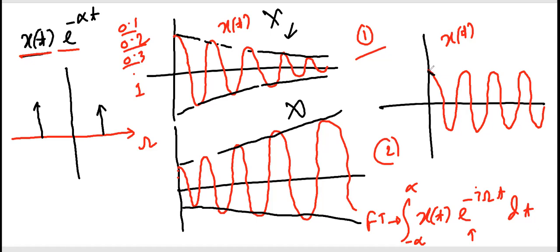So it will give some decaying value like this. So when these two are multiplied, e to the power minus alpha t, we are putting alpha equal to, let's say, minus 0.1, minus 0.2, minus 0.3.